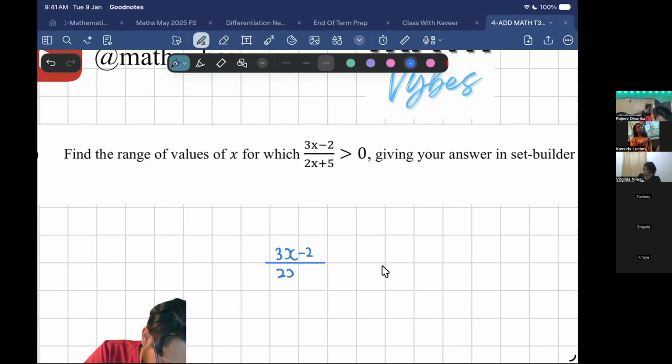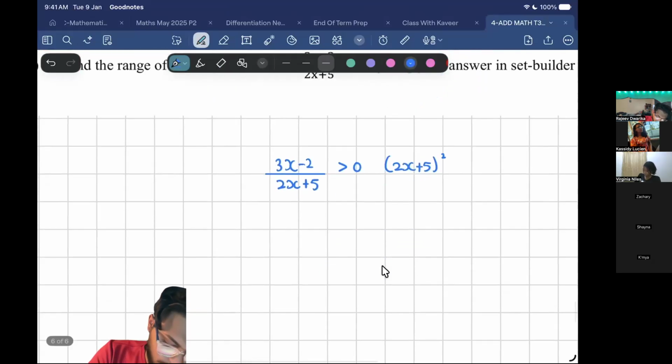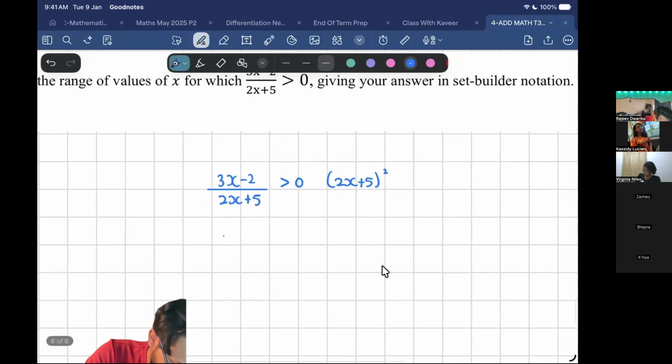Mm-hmm. So the denominator and one of the values will cancel out. So you'll have 3x minus 2 over 2x plus 5.